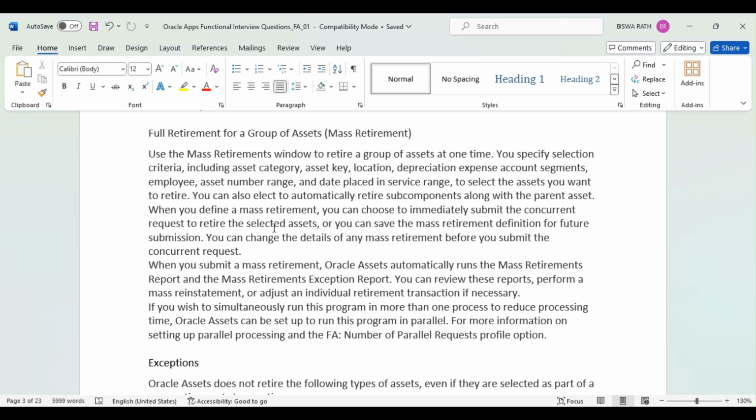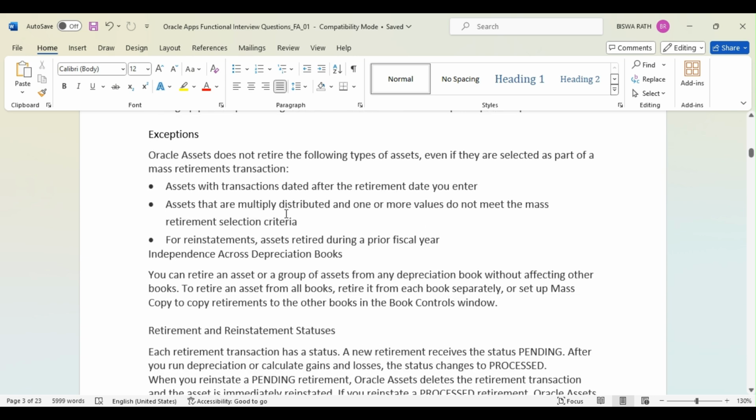If you have bulk assets to be retired, you can use this mass retirement window option, and that is going to allow you to put in all your details like the asset category, key, location, and everything. All sorts of details you'll have to mention over there. Once you provide that asset, it will pick up all that information by default. And finally you are able to retire this asset based upon your unit or asset cost.